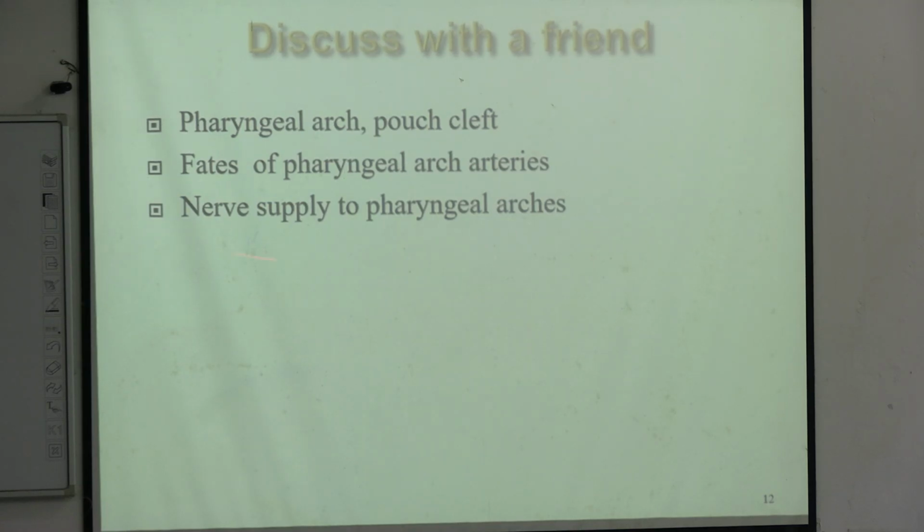What are the fates of these arteries? What nerves feed each arch, the cranial nerves 5th, 7th, 9th and 10th, 2 divisions, and what they are yielding. You have to be clear about this before we move to the next part.